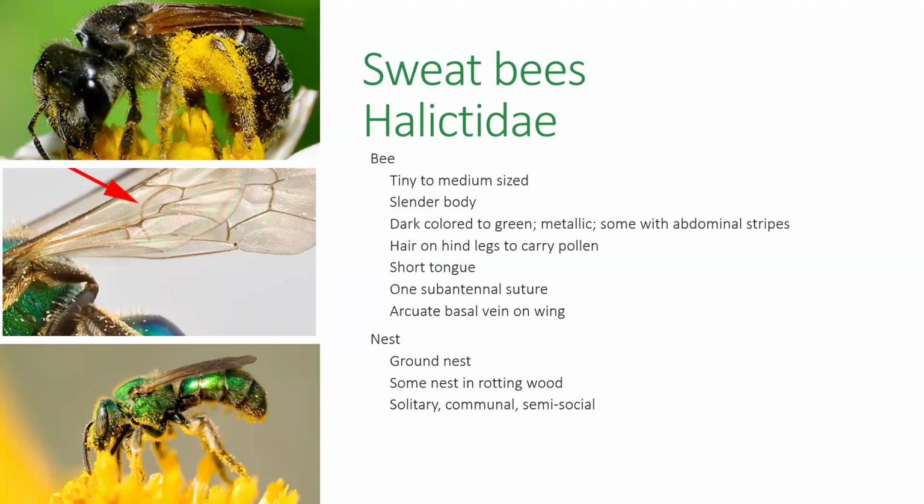So we look for 1 antennal suture, again, just like the Coletids, but this one has an arcuate basal vein on the wing. So essentially that just means that vein that you're looking at there in the wing that the arrow is pointing to, it is in an arc form. This is another usually ground nesting bee, but some of them will nest as well in rotting wood.